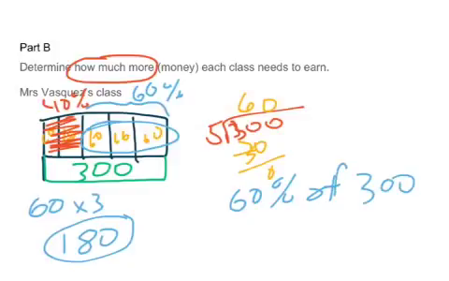We could just use multiplication, 0.6 times 300, and you will get 180. If you knew that the class had already earned $120, you could have subtracted the 40% portion of $120 from 300, and you would have also gotten 180.